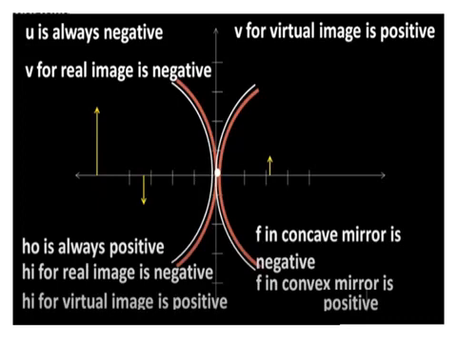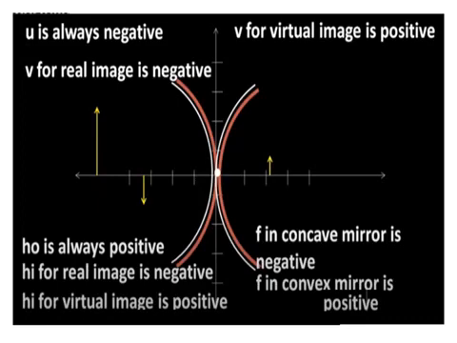The concave mirror is on the left and the convex mirror is on the right. The pole is marked with a white dot, and the same white dot is the origin of the graph. So look at this diagram very closely. Both the mirrors are placed so that the pole of the mirror coincides with the origin of the graph.